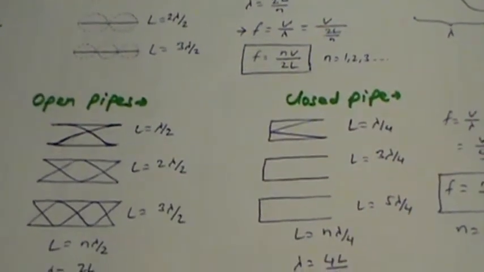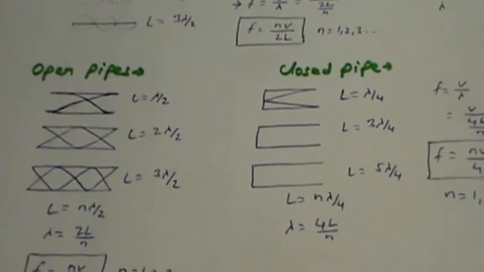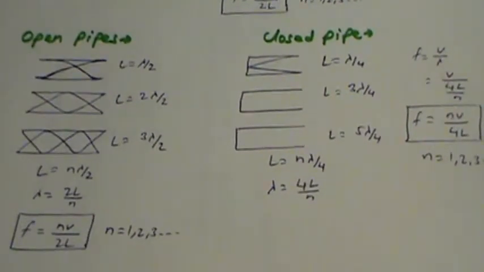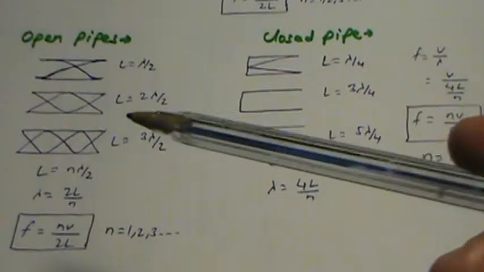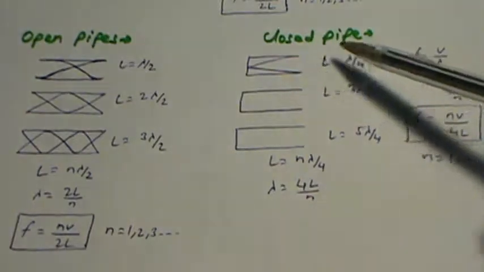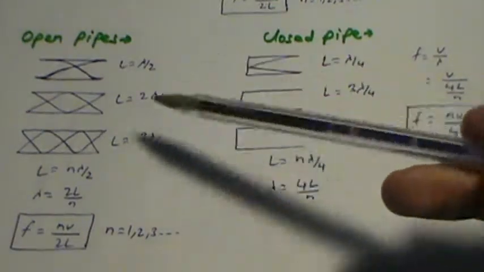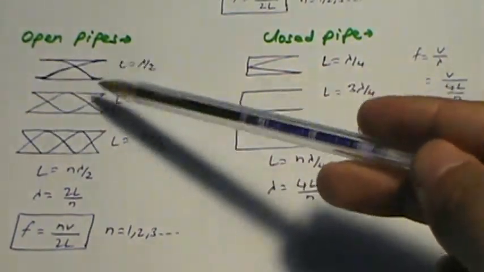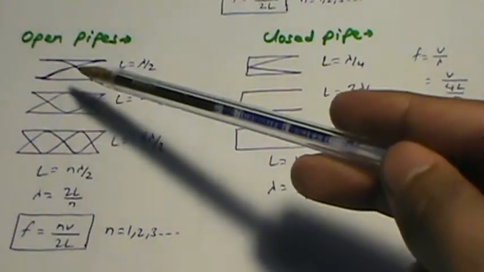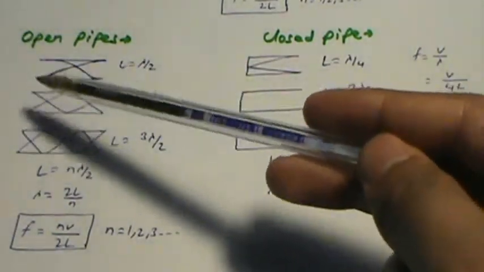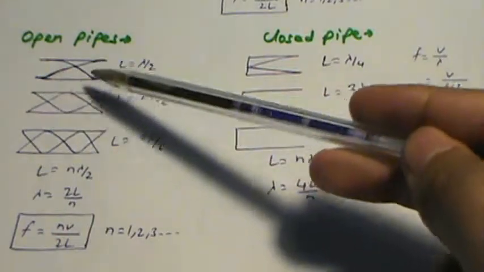and here we have both open pipe and closed pipe. In the open pipe it's open at both ends, but in the closed pipe it's closed at one end. And the way to draw our wave in both open and closed pipes is, in an open pipe the ends always have antinodes and the middle has nodes, and the open part of the pipe basically has an antinode in it.